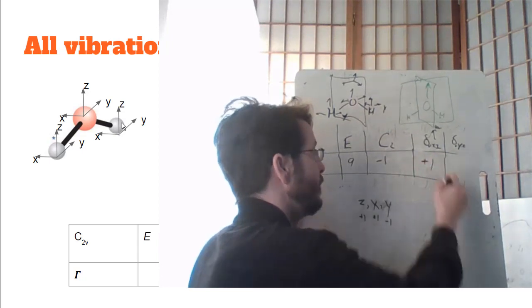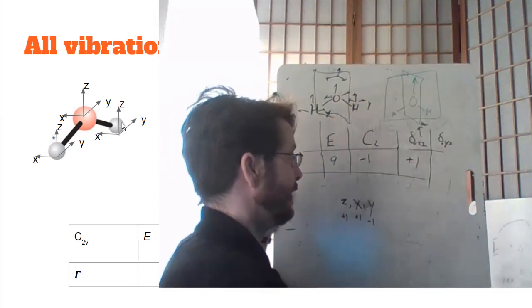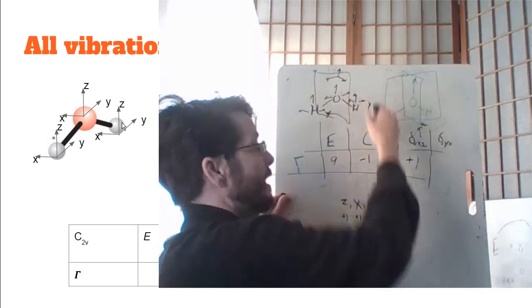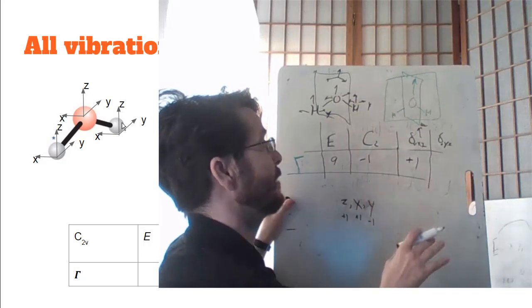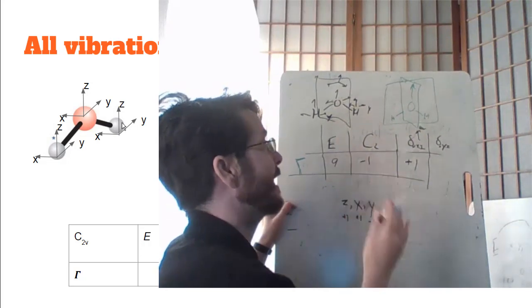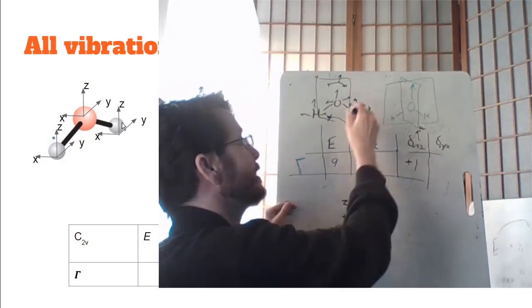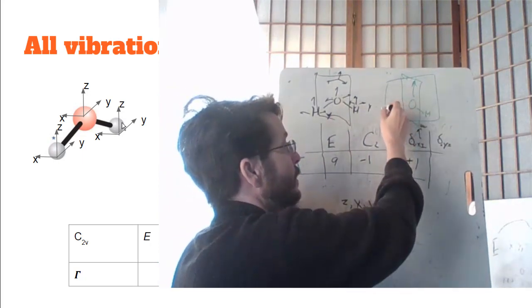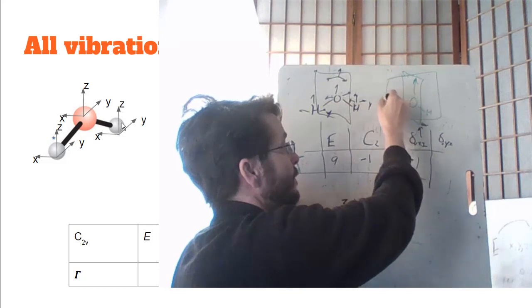So the z is +1, the x is +1, and the y is -1, and so therefore that would be a +1. And lastly, the y-axis, the mirrored plane that contains the entire molecule, all the atoms stay exactly where they're at. One of the axes is flipped, in this case it's the x-axis. This yz plane contains the molecule, and so the x-axis flips.